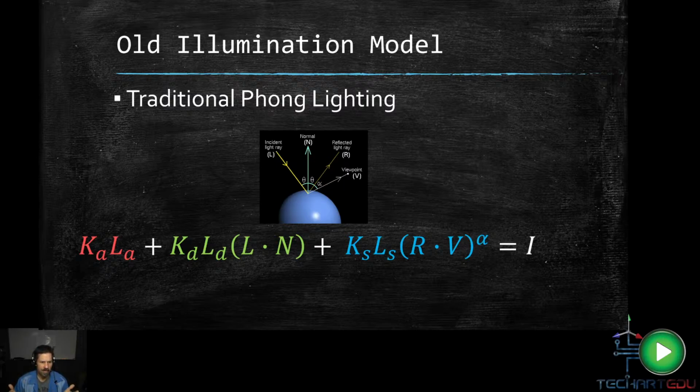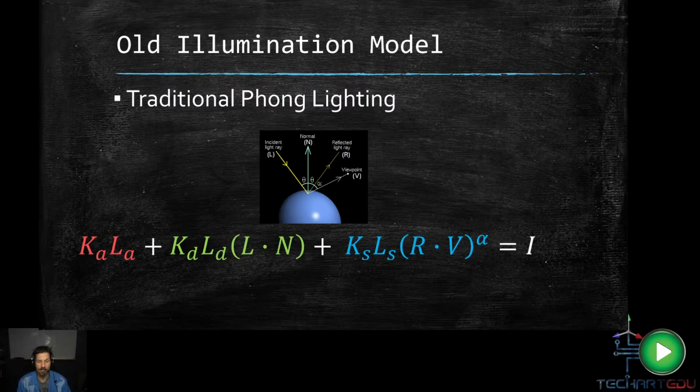The red term is the ambient light, or the color of shadow. The green is the Lambert equation, or the amount of lighting the surface receives directly from the light itself. The more perpendicular the light is to the surface normal, the less light it receives.